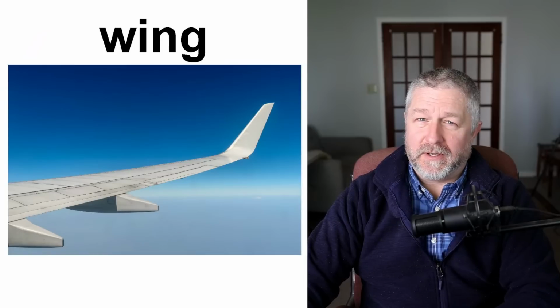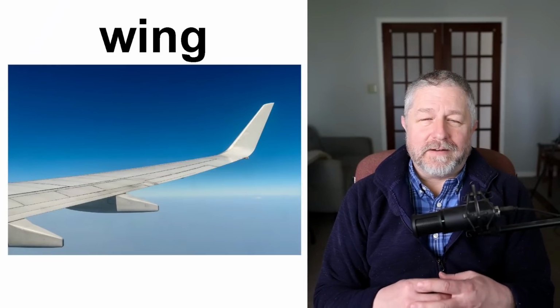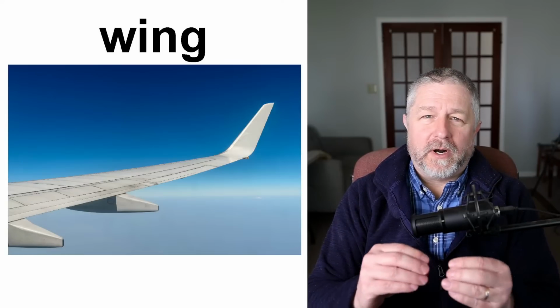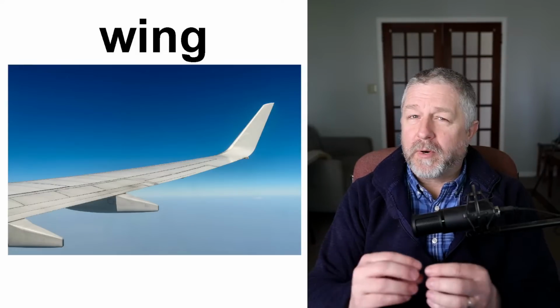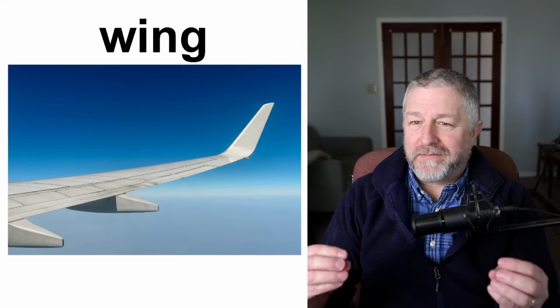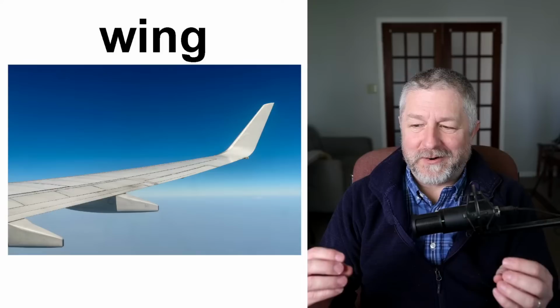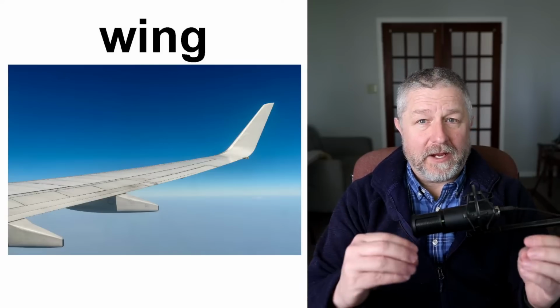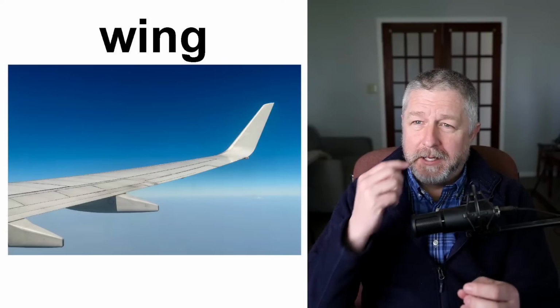And what makes flight possible? So when you need to fly, most of the time, you need to have wings. You need to have a wing. So an airplane will have a wing on each side. A bird will have a wing as well. And the wing is the part of the airplane or the part of the bird or the flying squirrel. By the way, there are flying squirrels as well, that allows that thing or that animal to fly.